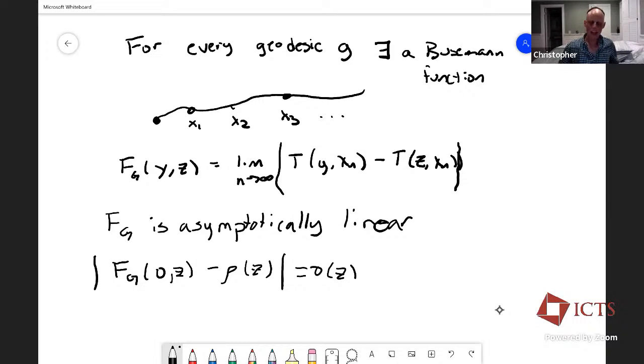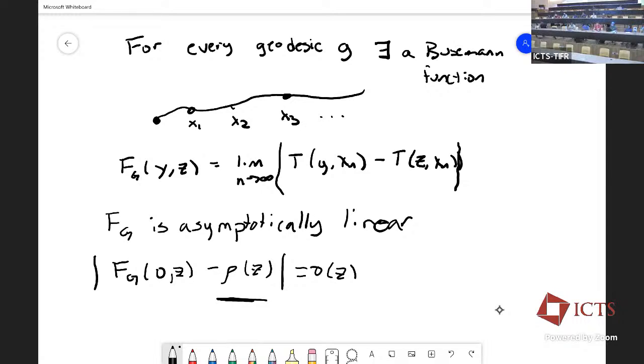And I think that looking at this linear function is a better way to characterize geodesics than direction.